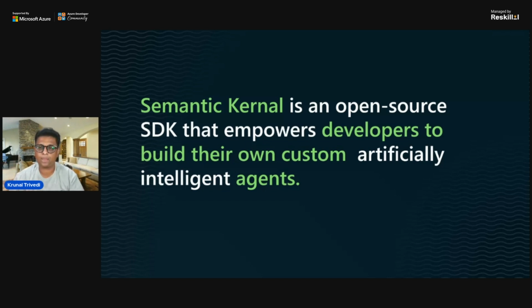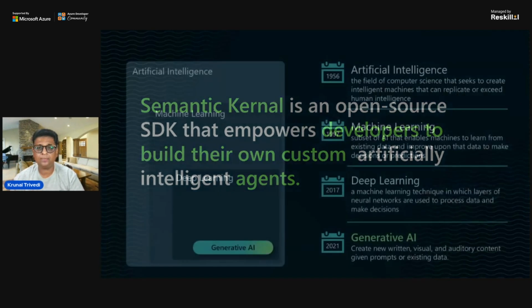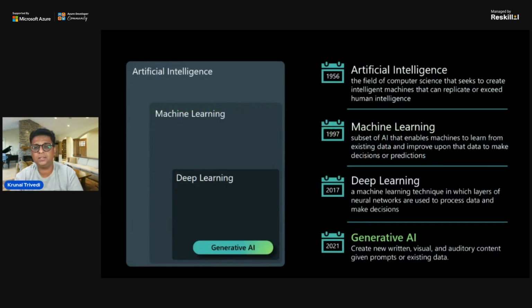Now, if we go back, you can see we have artificial intelligence, right? In the early 1950s, the field of computer science designed this, which creates intelligent machines that can replicate or exceed human intelligence. Later on in 1997, we get a subset of artificial intelligence which is machine learning, which enables machines to learn from existing data and improve upon the data to make decisions or predictions.